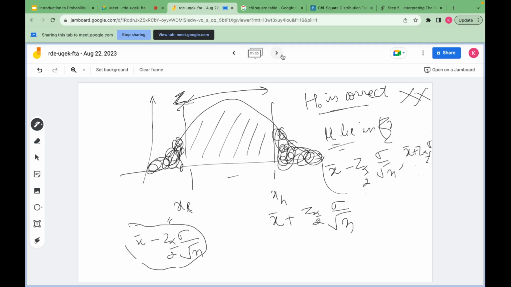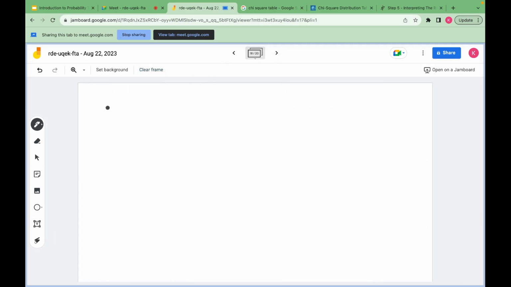Then there are some other things also, like there is one scenario. Let's suppose we rejected the null hypothesis when it was true. There are a few cases in which we will reject our null hypothesis when it was true.